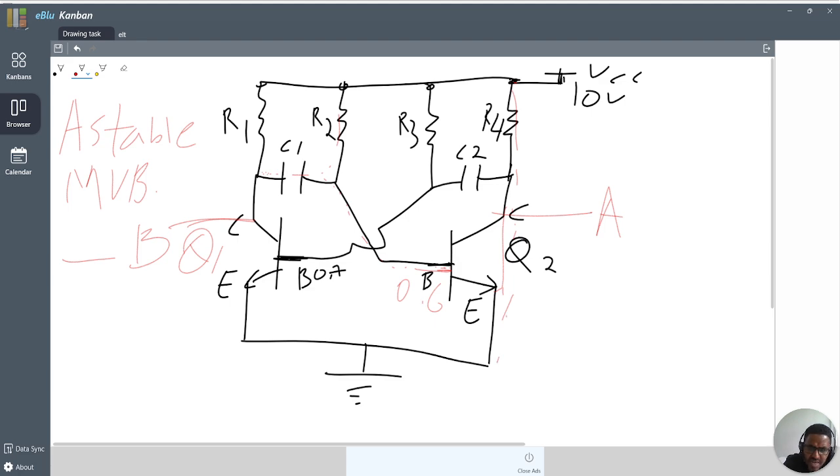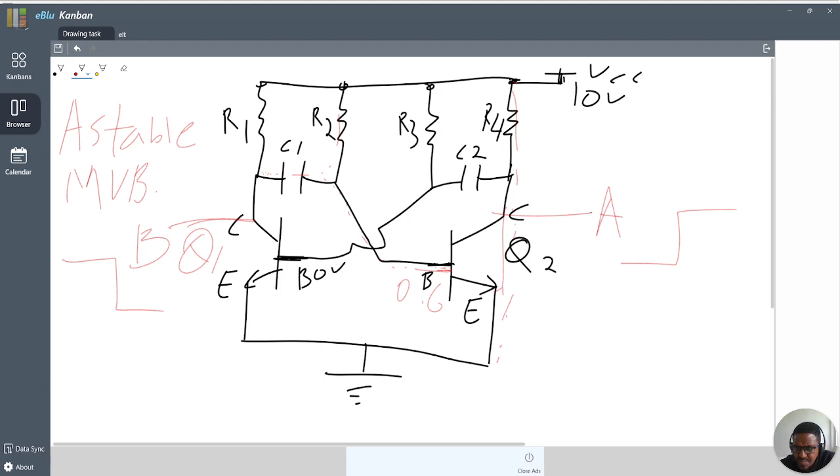So that means Q1 becomes 0 volt. That is the off state. This becomes the first one off and now on state.